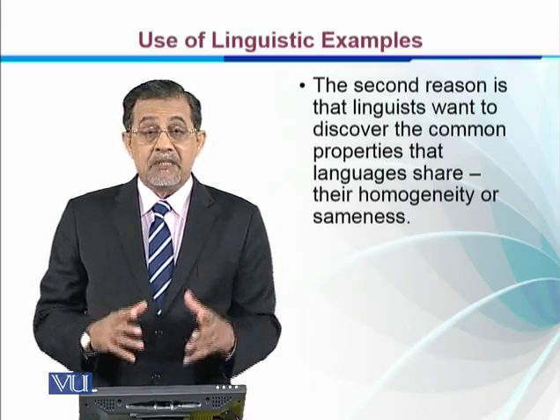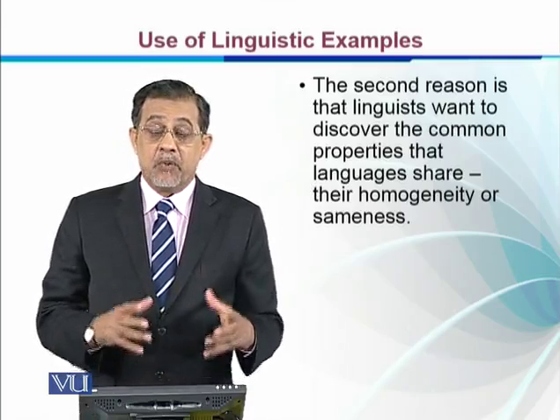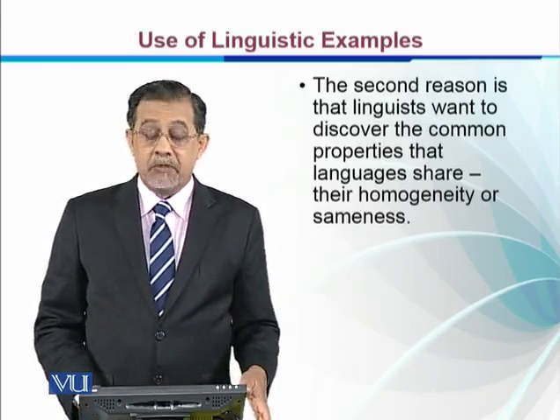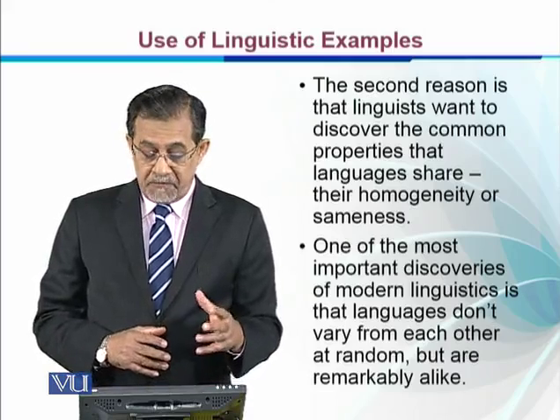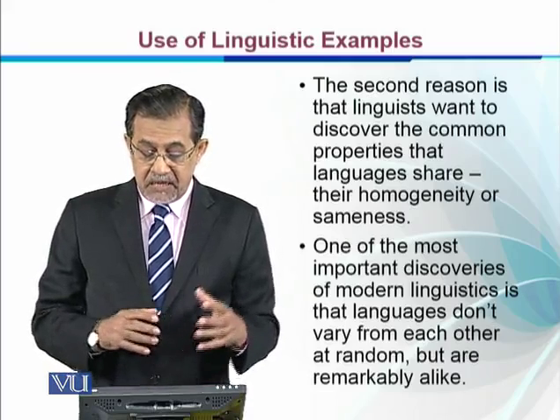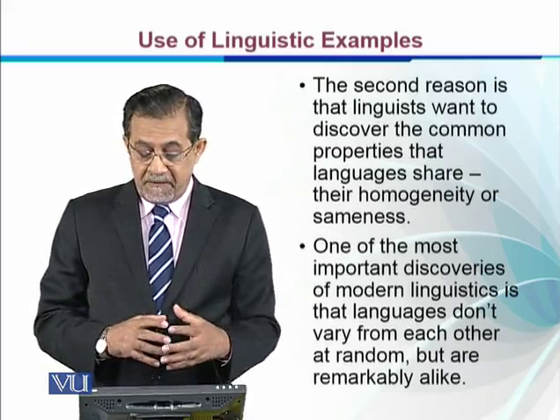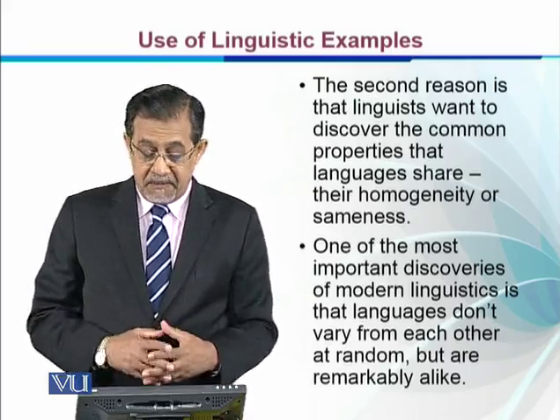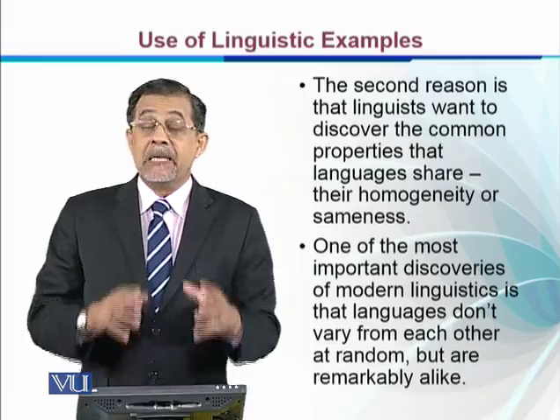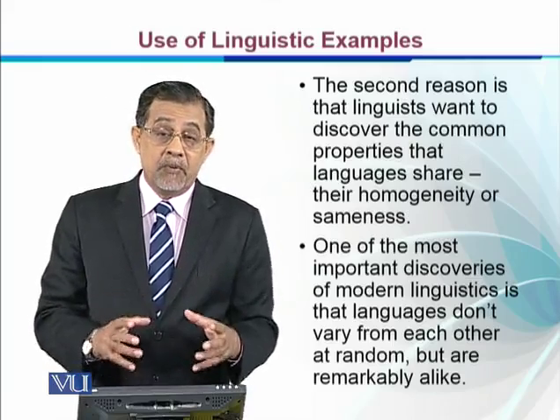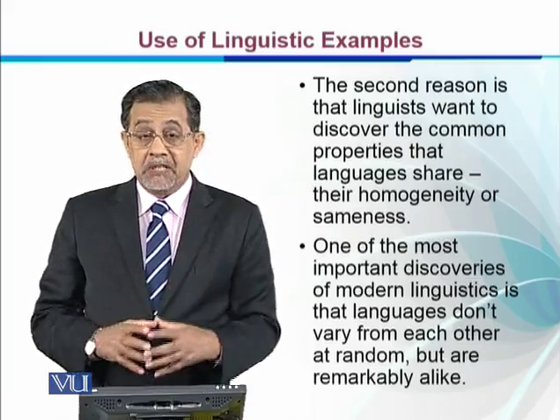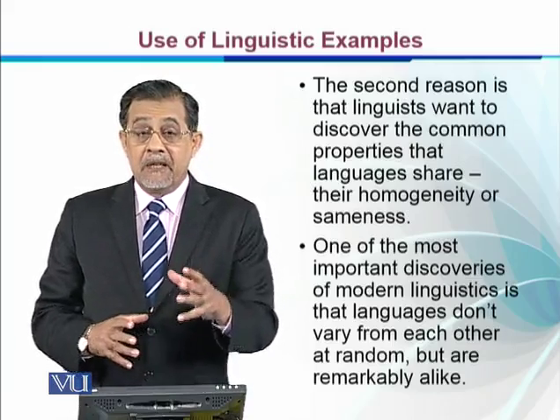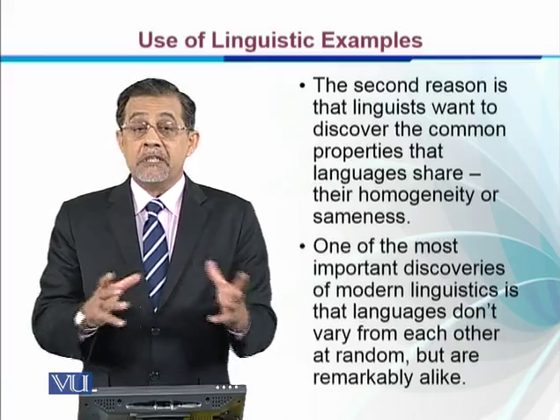The second reason is that linguists want to discover the common properties that languages share, their homogeneity or sameness. So what are the common properties of languages? One of the most important discoveries of modern linguistics is that languages do not vary from each other at random, but are remarkably alike. We are all human beings and we use language. Though our languages are different from each other, certain features of the languages are the same.